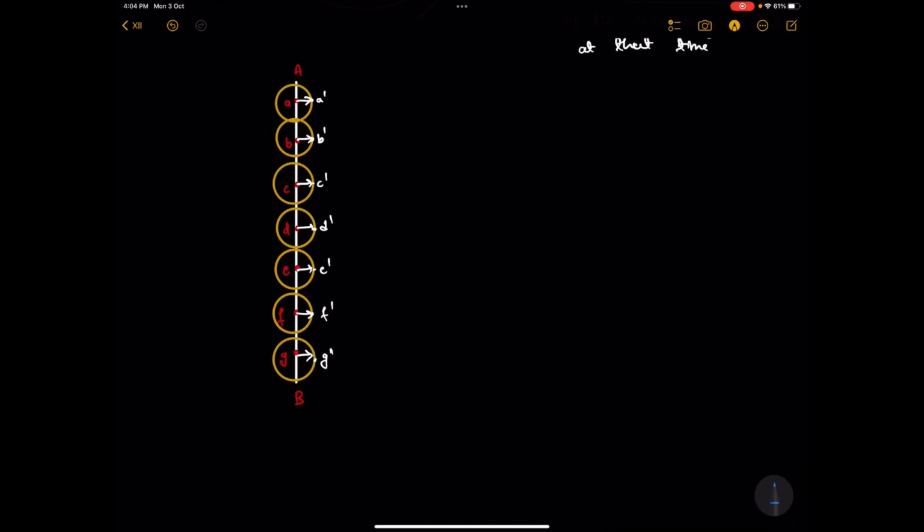Now I will join all those points, and I'll get a new wavefront, the forward envelope. You may have a doubt: if I join all these points here, it gives the backward envelope also.